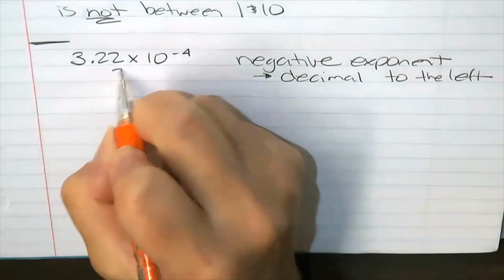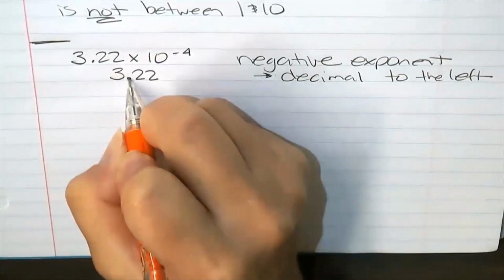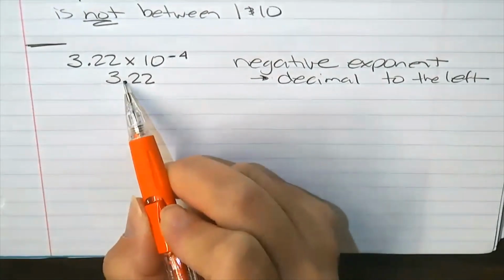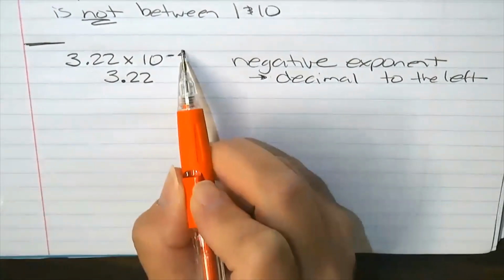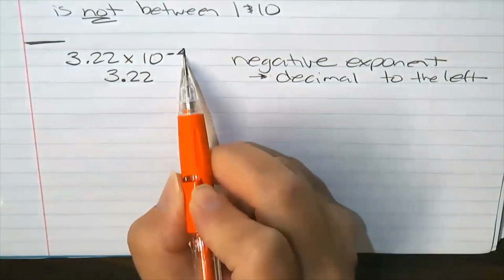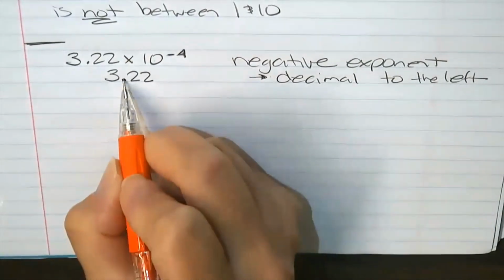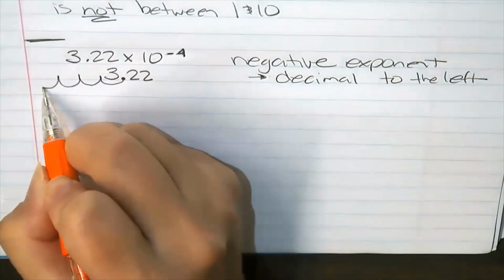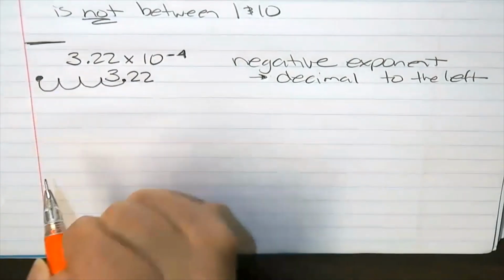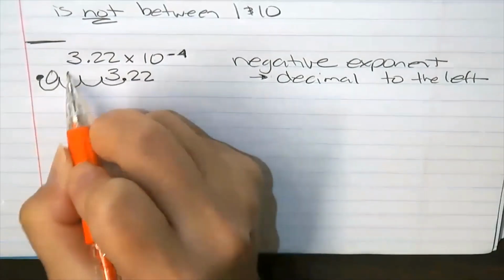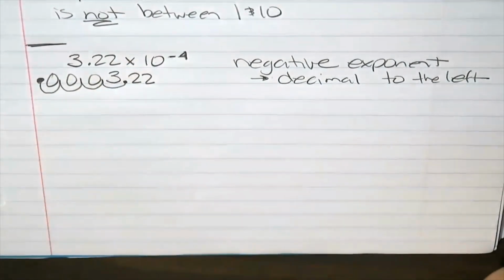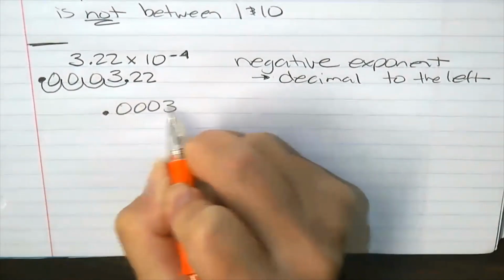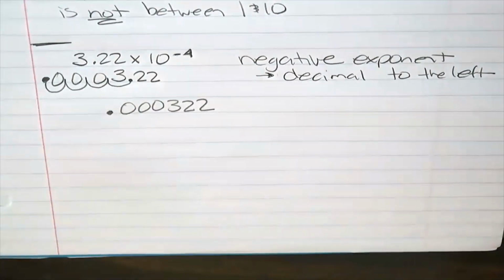So we have 3 and 22/100. I have a negative exponent. I'm moving my decimal to the left, and I'm going to move it to the left 4 places. 1, 2, 3, 4. Here's my decimal point, and I backfill with zeros. So my standard form looks like this.